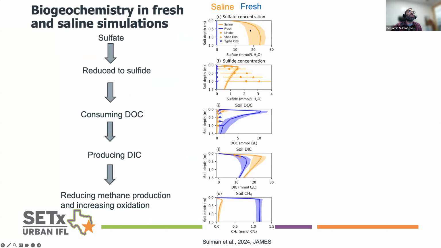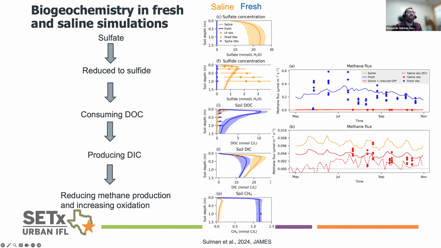And so the saline water introduces sulfate, which can be reduced to sulfide, which uses up some of the dissolved organic carbon. So it leads to lower DOC concentrations, increased dissolved inorganic carbon in pore water. And this has a really strong effect on methane production. And so we can simulate the big contrast between higher methane production from freshwater marshes compared to much lower methane production from saltwater affected salt marshes.